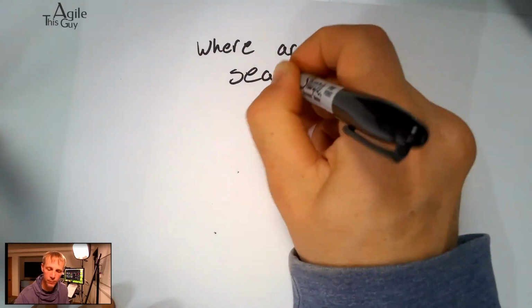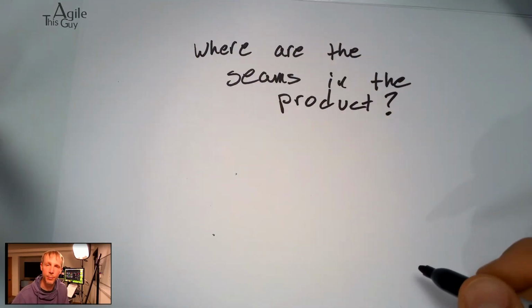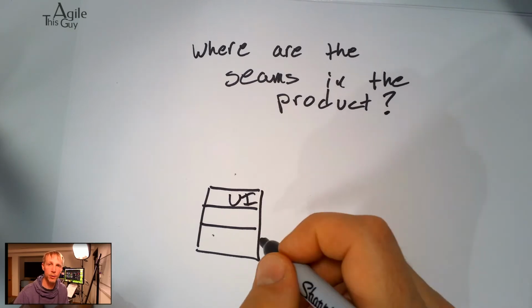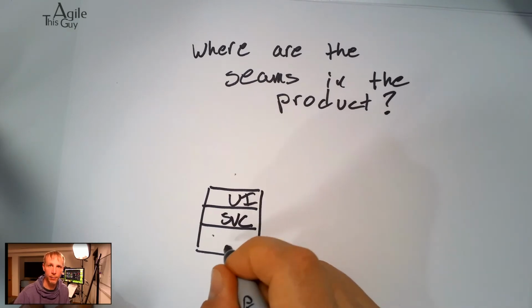One question to think about when starting and to get past component-based teams and technology teams and feature-based teams, product-based teams, is this question. Where are the seams in the product? If we took a look at a simple software architecture stack, you have a front-end UI, middleware, and a back-end database.